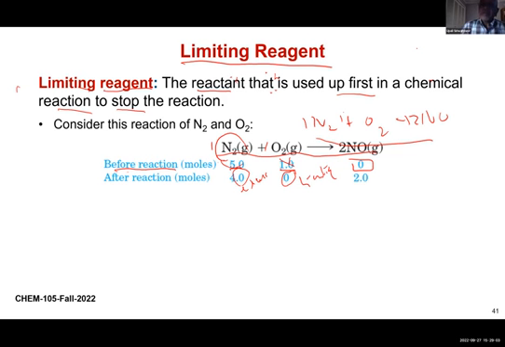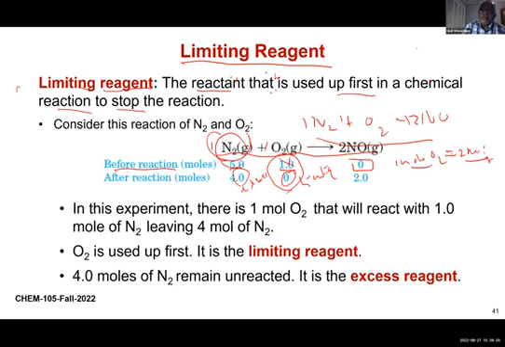So it's important to use the limiting reactant in the stoichiometric calculation. When you calculate, we use 1 mole of oxygen equal to 2 moles of NO. You don't use nitrogen because it's in excess.